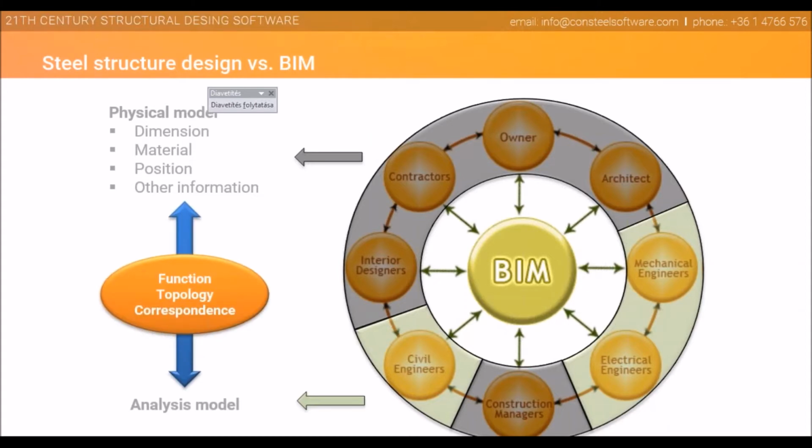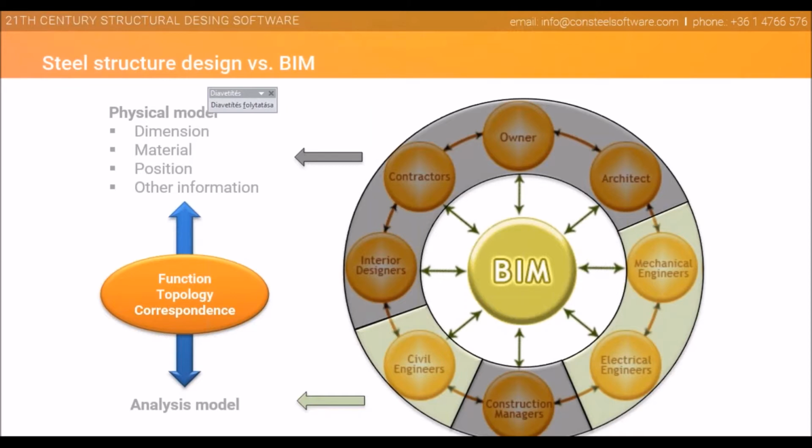The main reason why BIM models are not used in the whole design process is the significant difference between the physical BIM model and the analysis model. The BIM physical model contains a lot of information, dimensions, material, positions, which are more or less enough for the construction stage, but not enough for calculations.